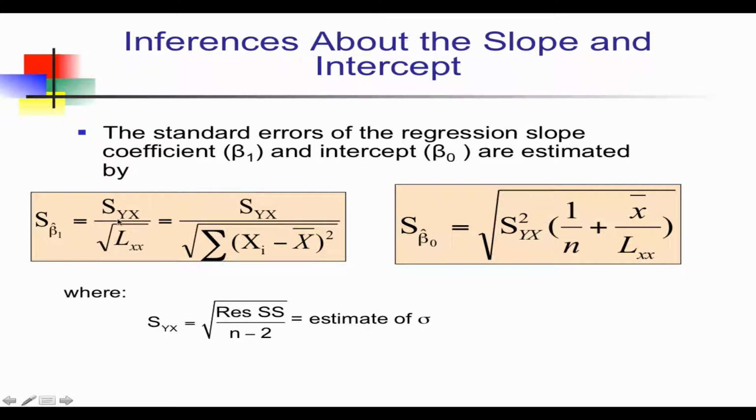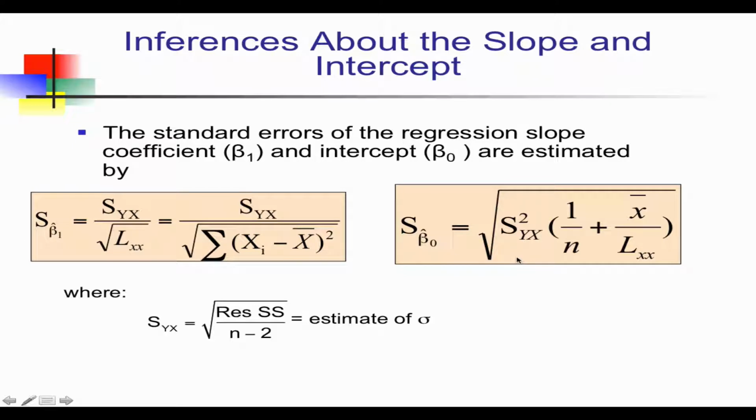Okay, so this is the standard error of beta hat 1. And then the standard error of beta hat 0 is in this formula. Again, it is a function of sigma hat: sigma hat square multiplied by 1 over n plus x bar squared over this term again.